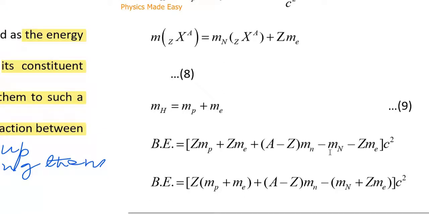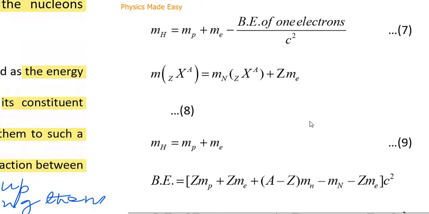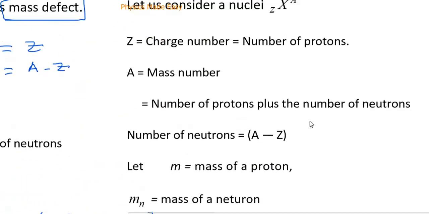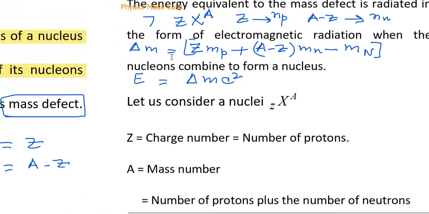The mass of nuclei, which now I just subtracted Z Mn and added Z Mn. So that led us to this equation after substituting the values. And this part I will cover in my next lecture. You just remember up to this part here. So this is the mass defect. This is the mass of nuclei.